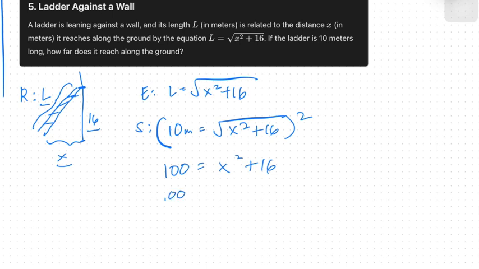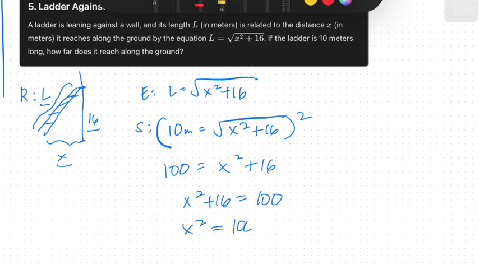Magsusubtract lang tayo. Pagpapalitin muna natin siya para hindi nakakalito. X squared plus 16 is 100. X squared equals 100 minus 16. Again, that is 84. Anong meron sa 84? We get the square root.